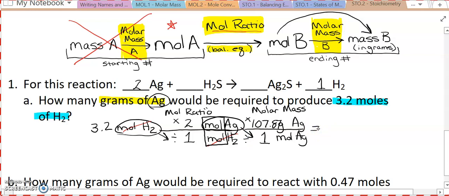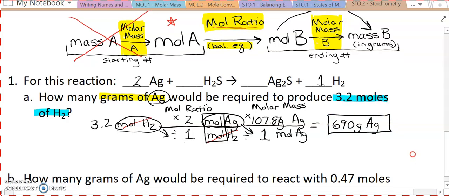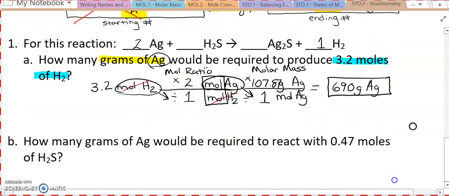And I am going to come out with 690. And this time it's going to be grams of silver. So it's going to be really important to take a look at your units and read those units very carefully to determine where you're starting at.